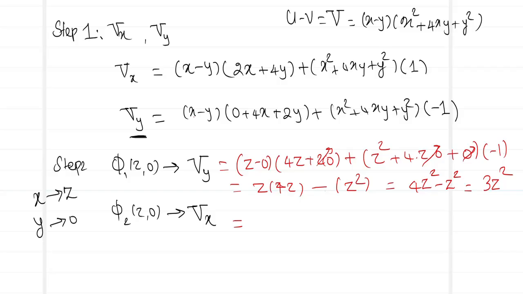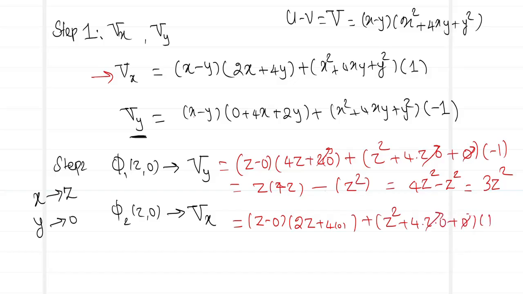What is my phi 2? Phi 2 is in Vx, you replace your z comma 0. So come on, we will begin. Z minus 0 into 2 times z plus 4 into 0, plus the next term z square plus 4 into z into 0 plus 0, into 1.